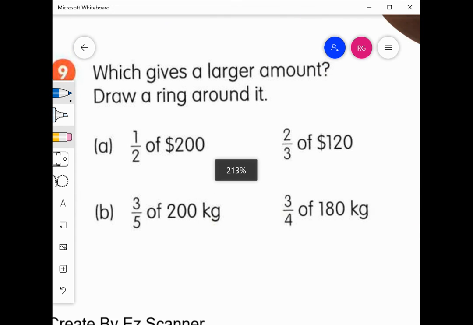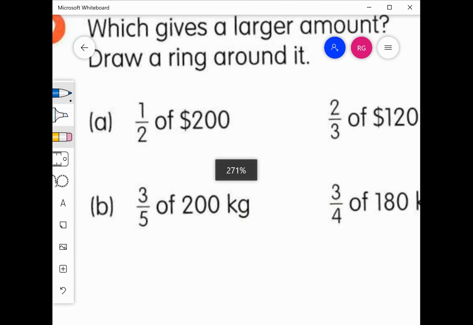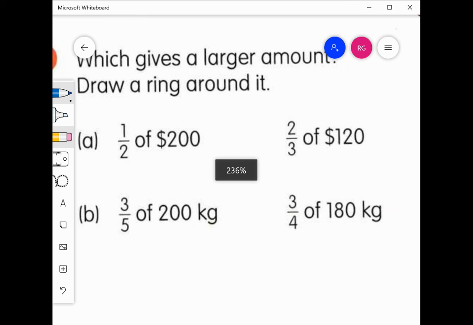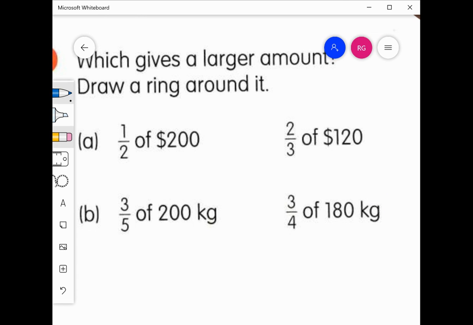So which gives a larger amount? Draw a ring around it. Well, let's see here. 1/2 of 200, I know that's about $100. And 2/3 of $120, I know this is going to be greater here.